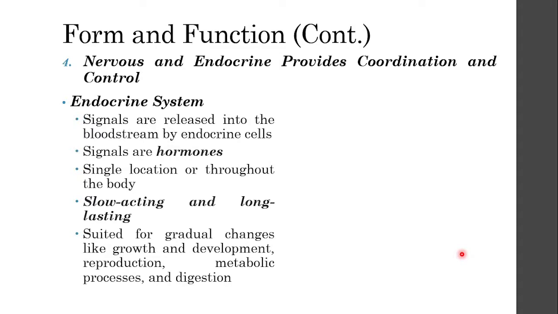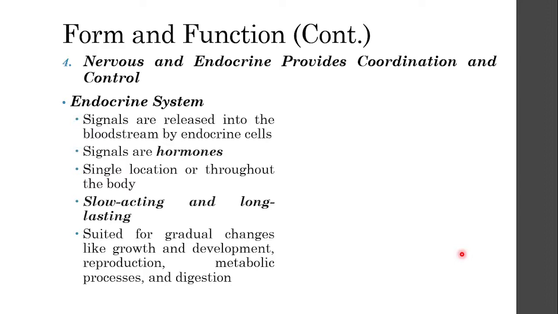And this is important because this makes the endocrine system suited for things like gradual changes in your body, growth and development. Imagine if you grew from being a baby into, let's say, whatever your height is today, 6'2" or 6 foot, within a year.